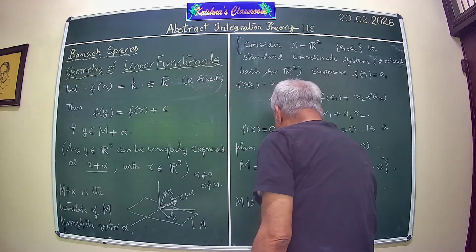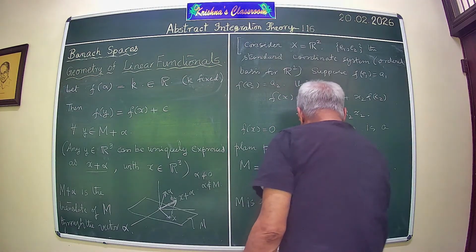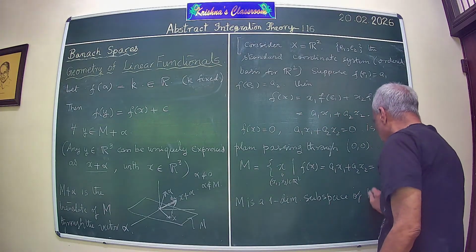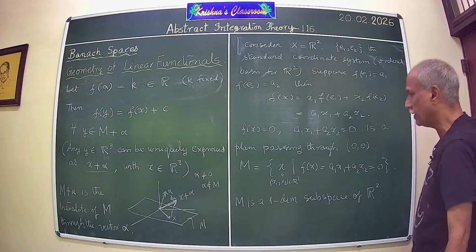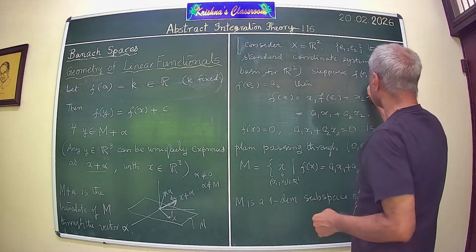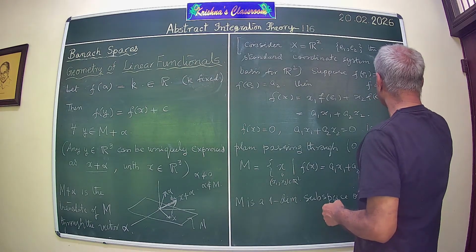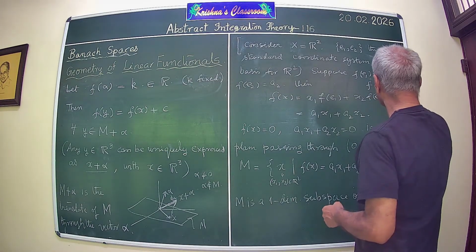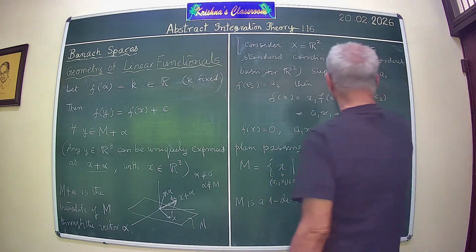So M is a one-dimensional subspace, and all one-dimensional subspaces are not equal to 0. I am assuming that is a1 square plus a2 square is not equal to 0.